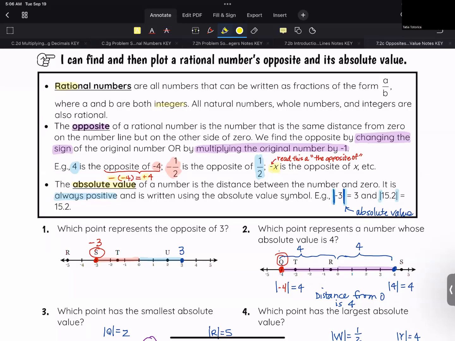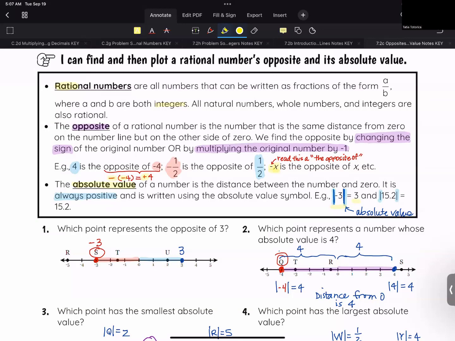We write it using these straight up and down bars, and we would read it as saying the absolute value of -3 is 3, because -3 is 3 units away from zero. The absolute value of 15.2 is just going to be 15.2, because this positive number is exactly 15.2 units away from zero.